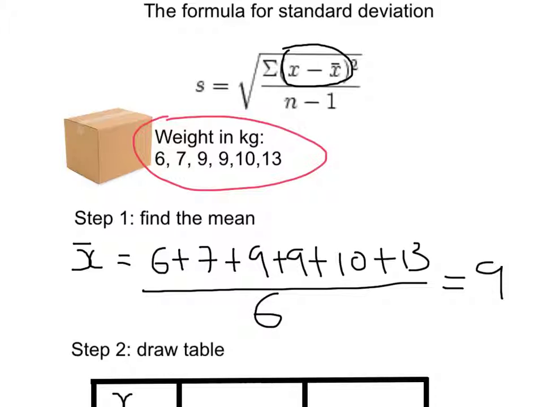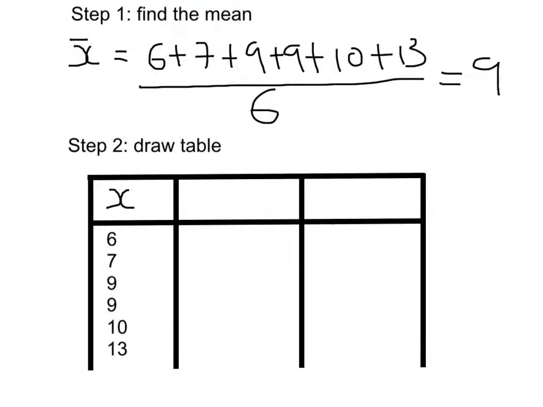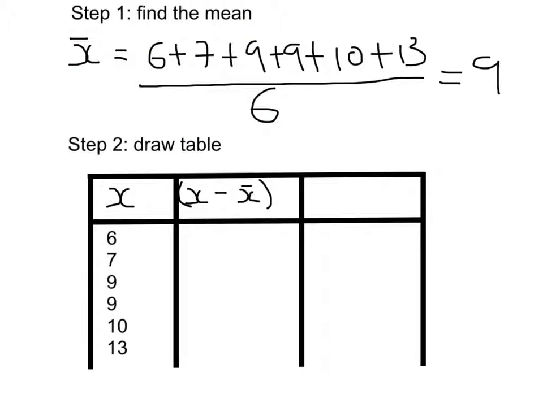So that's what our next column is going to be. At the top of the column we have x minus x bar, or x minus the mean, and we know the mean is 9, so the first one, 6 minus 9 is minus 3, 7 minus 9 is minus 2, and so on. So you would have 9 minus 9 is 0, 0, 1, and 4.